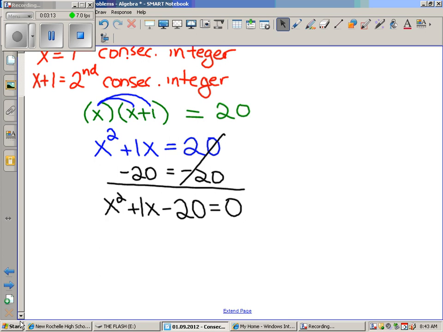Or the other way around? Positive 5 and negative 4. Yeah, we got to think of numbers that multiply to be negative 20 but add to be positive 1. So it's positive 5 and negative 4.